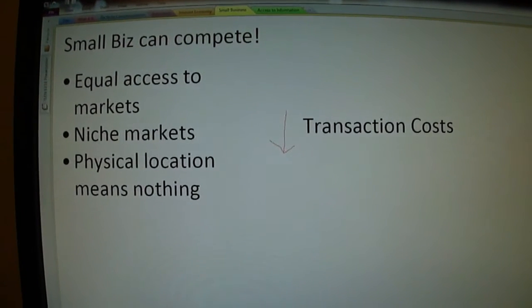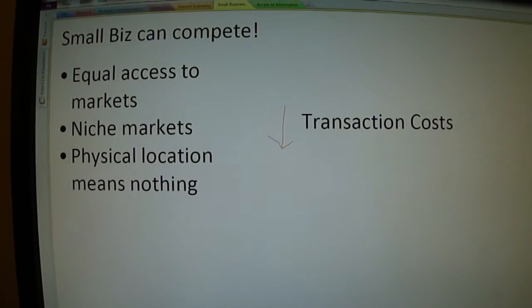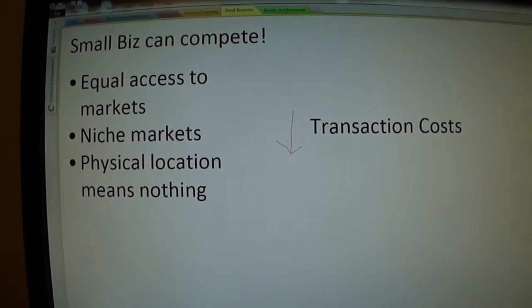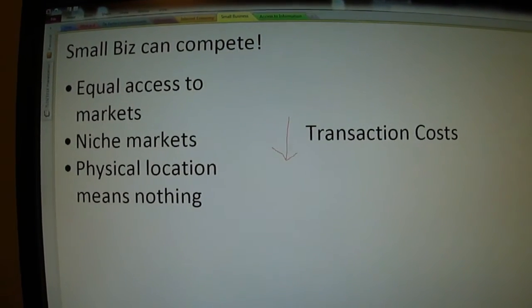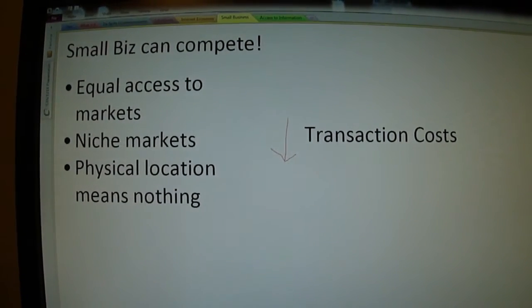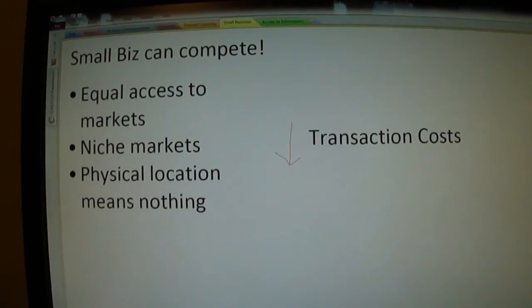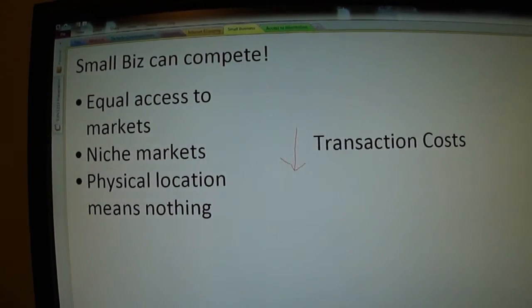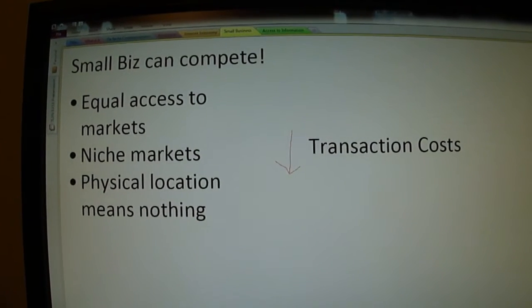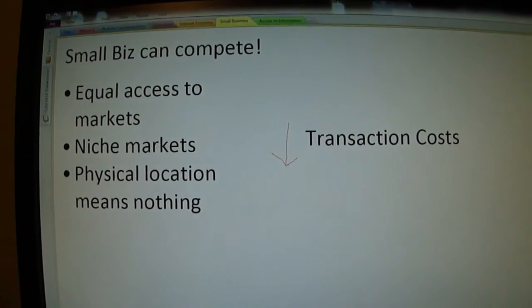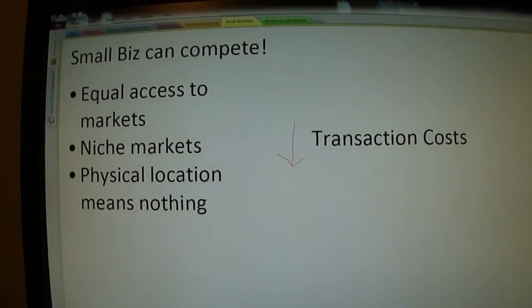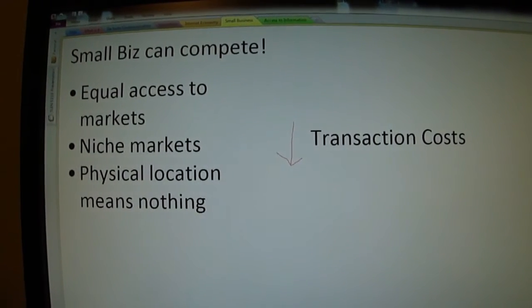The Internet economy allows small businesses to compete. It allows equal market access to everyone. While previously it would have been beneficial to have a store in Manhattan, where there's a large population, compared to a store in rural Oklahoma, where there's a lot smaller population, now the Internet allows access to both markets equally.